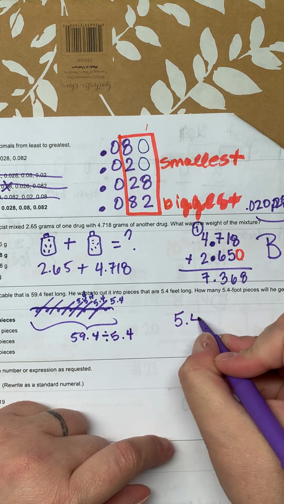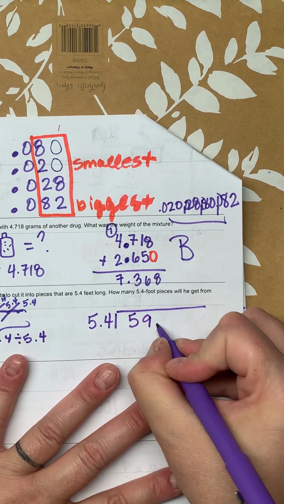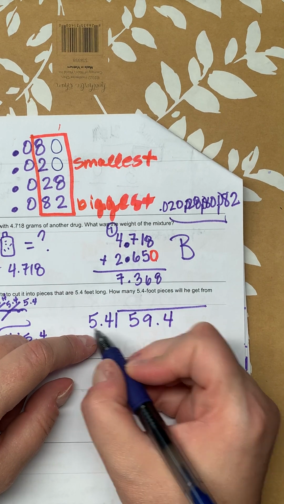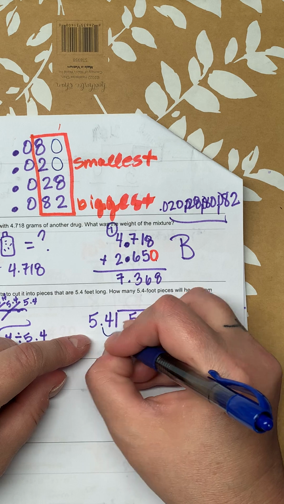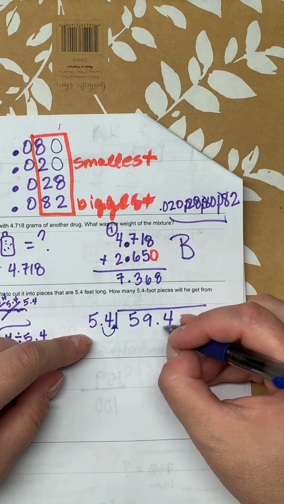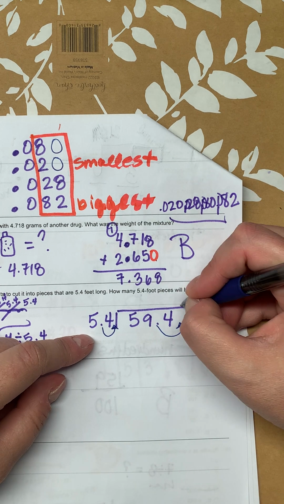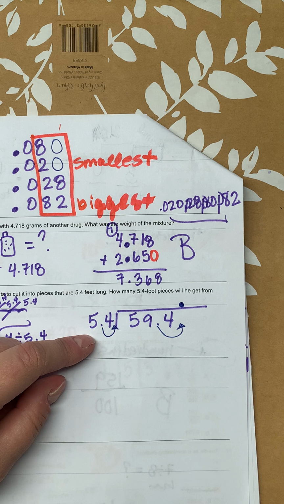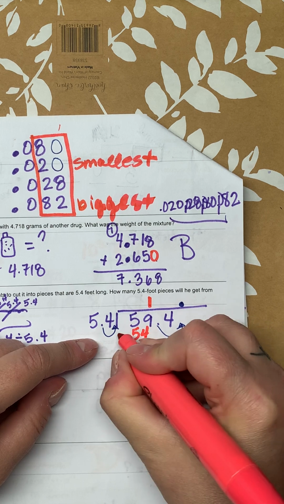And you can either put that in your calculator, or you can do it by hand. If we do it by hand, remember, we have to make this 5.4 become a whole number. So we have to move the decimal once to the right there and once to the right underneath. So our decimal is now after that 4. Okay, let's see here. How many times can 54 go into 59? Once. Subtract down.